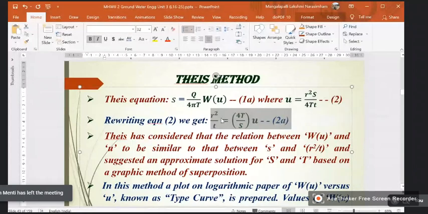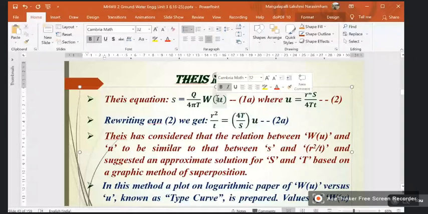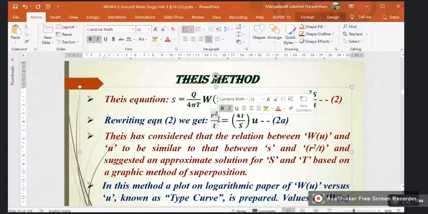Because in this expression, we know the value of small u and well function W(u) from the type curve, and we know the value of s and r square by t from the observation plot.